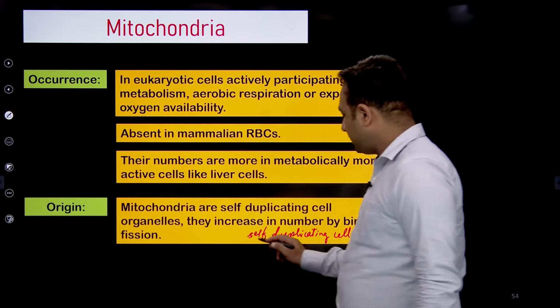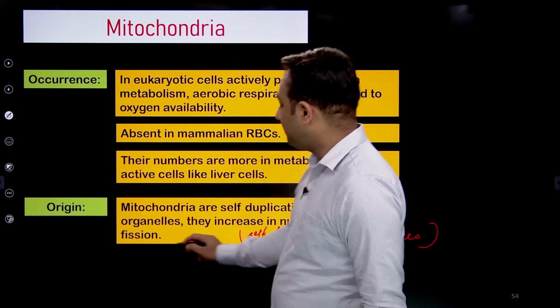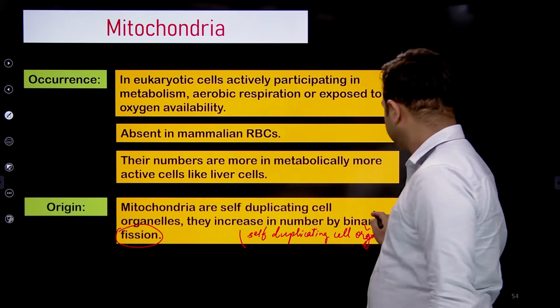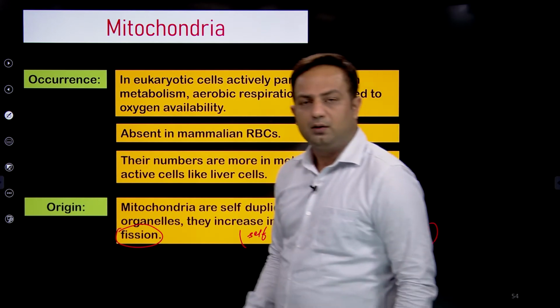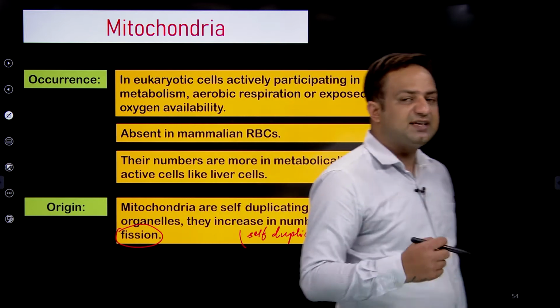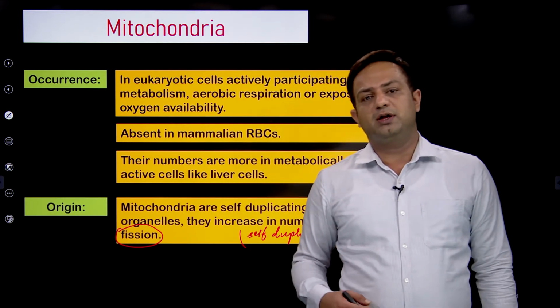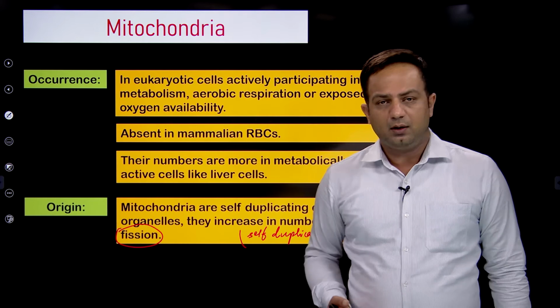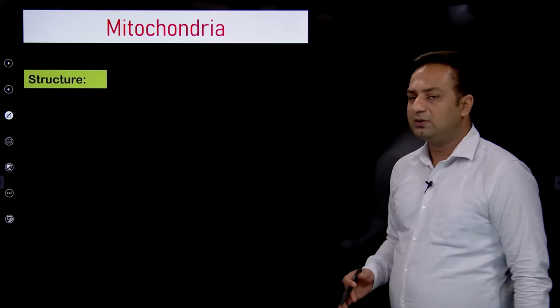They get self-duplicated by a process that is called binary fission, right? So this is about the mitochondria origin. If the cell is dividing, the number of mitochondria is increasing.